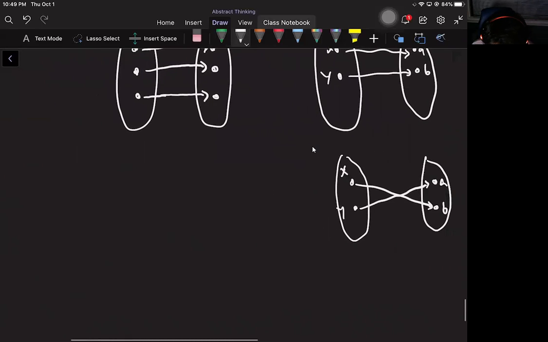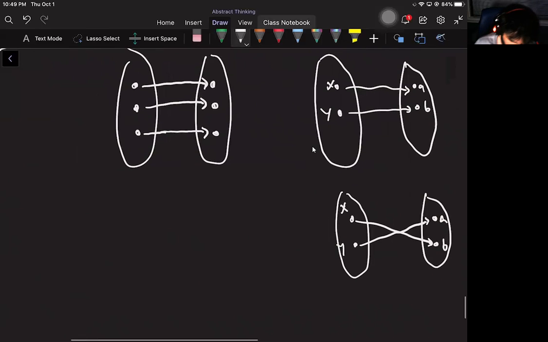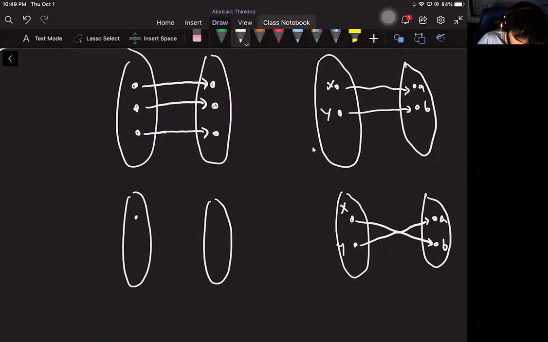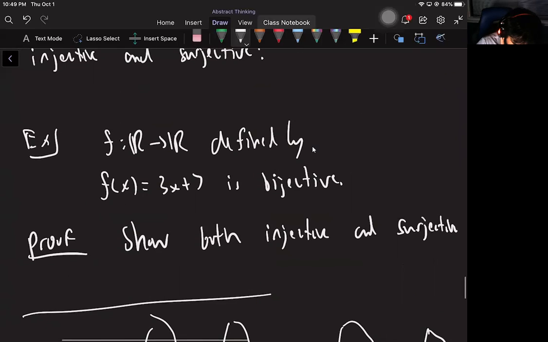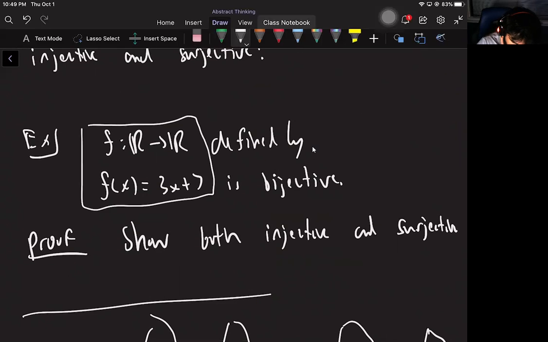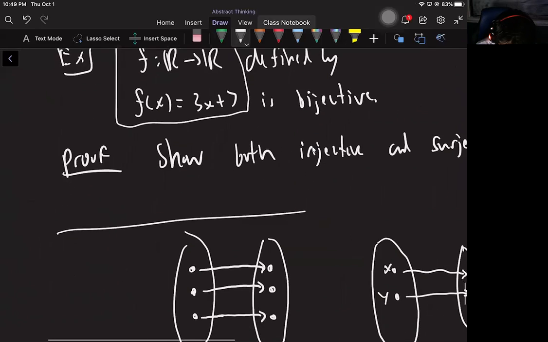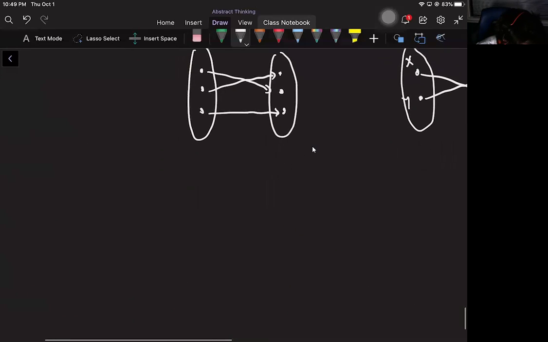So there are lots of bijective functions between two sets, but they sort of all look the same. So this could be a different one here. Okay, that's the idea behind bijective functions. If your sets only have finitely many things in them, things are a little bit trickier up here where the domain and the codomain have infinitely many things like the real numbers, but we'll deal with that later.